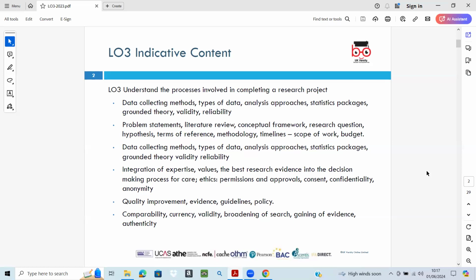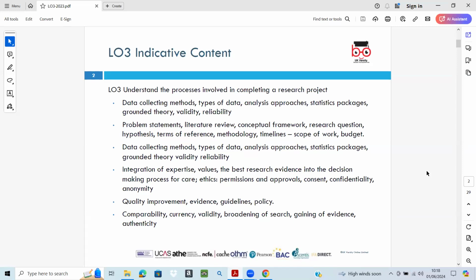An example is there is a lack of data on long-term effects of telehealth on chronic disease management. Then we have the literature review. So an example is reviewing studies on telehealth to identify what is known and unknown about its long-term effect on chronic disease management.